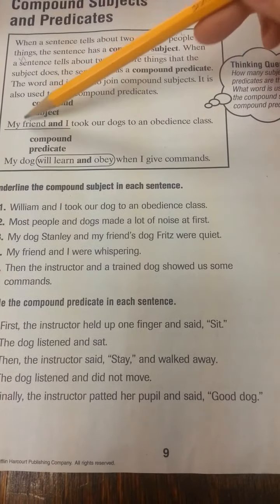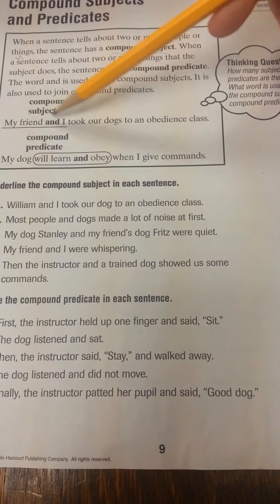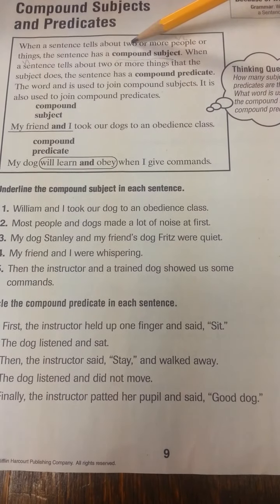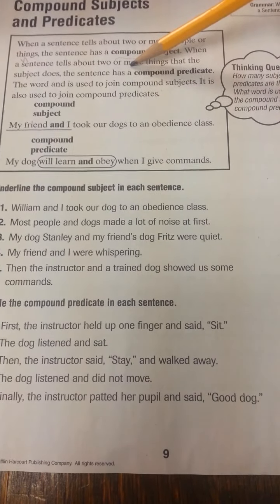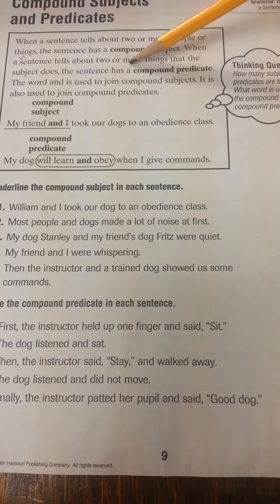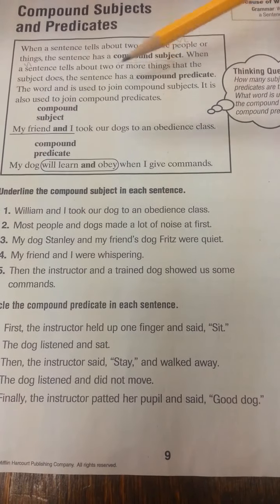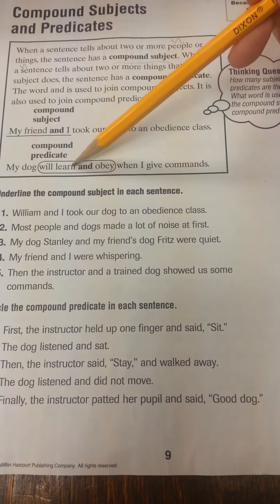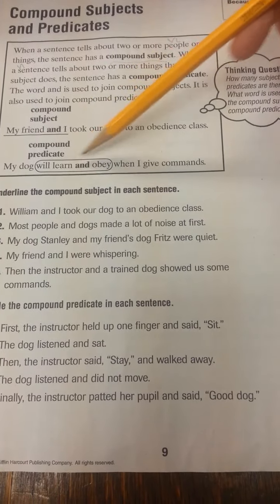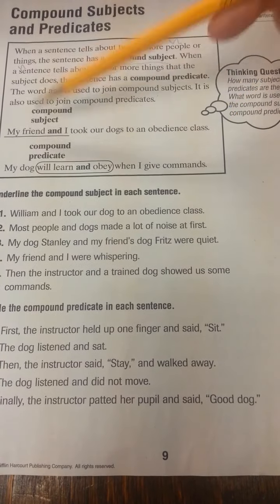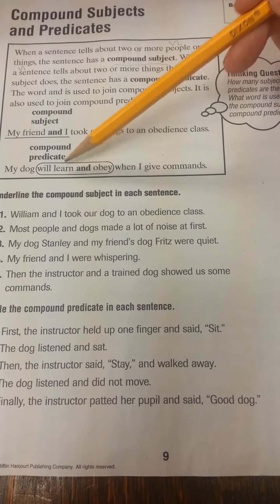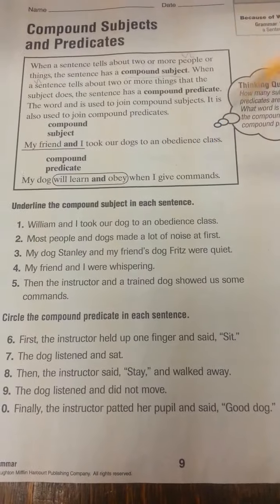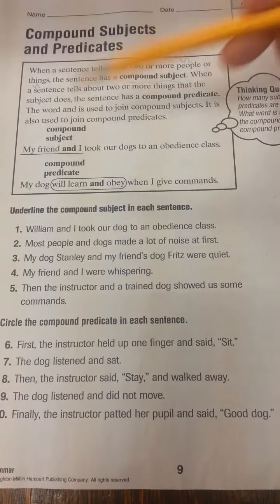My friend and I. Both of these are nouns joined by your coordinating conjunction, which is and. Compound predicate: my dog will learn and obey. Those are two verbs when I give commands. So that's your coordinating conjunction right there, and. There's two verbs, so it's a compound predicate.